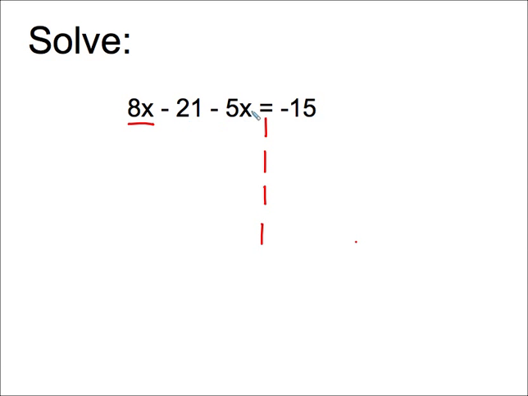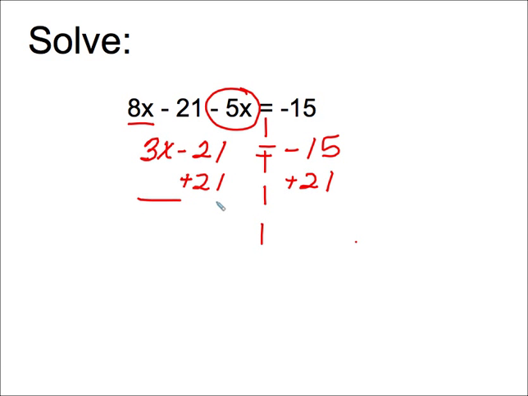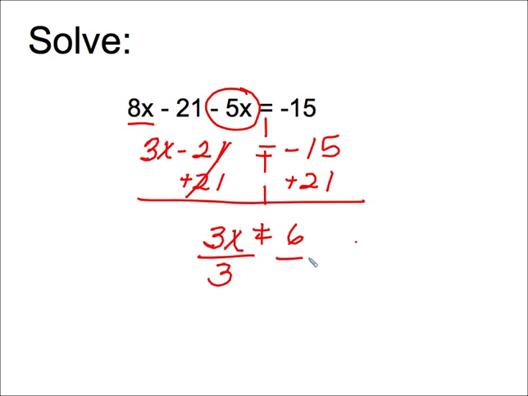I have 8x and a -5x, so 8x and a -5x equals 3x. -21 equals -15. Okay? Now, undo addition and subtraction. So I'm going to add 21 to both sides. I end up with 3x equals 6. Lovely. Divide by 3. I end up with x equals 2. Awesome. And I'm done.